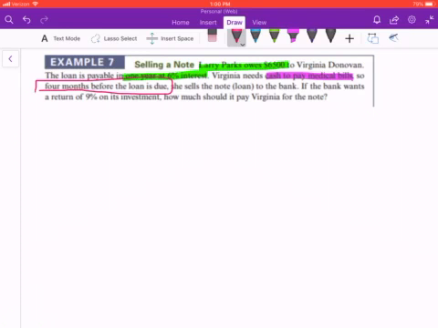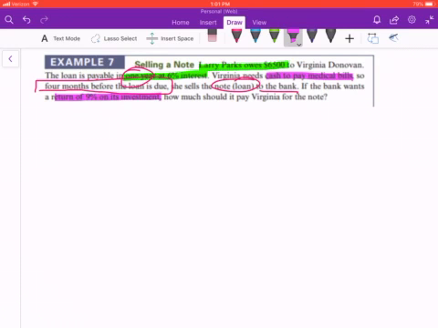So she cannot wait a full year. She needs that 4 months before it's due. So Virginia decides to sell the note, or the loan, to the bank. If the bank wants a return, because of course the bank always wants to make more money, of 9% on its investment, how much should it pay Virginia for the note right now?